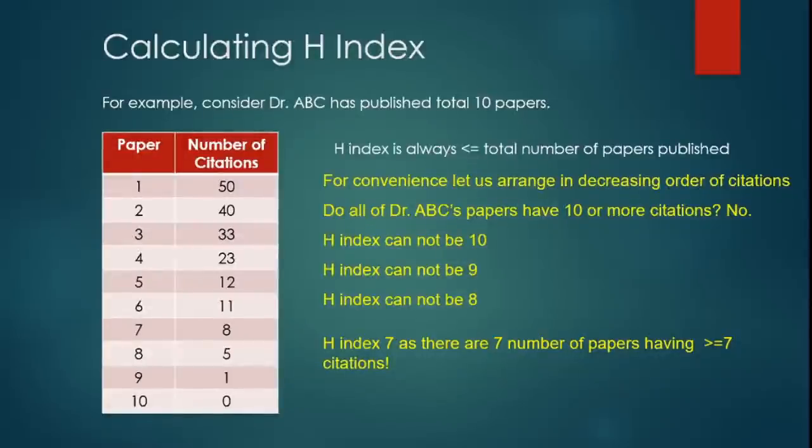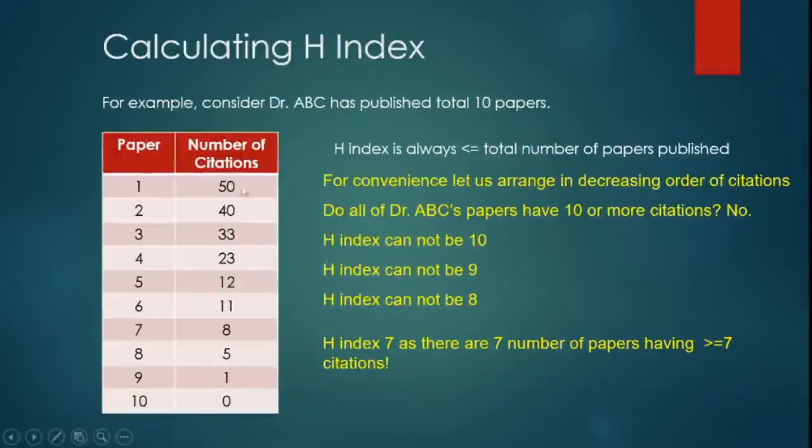One thing is clear: because of the definition, the h-index will always be less than or equal to the total number of papers published. So how was the h-index defined? The number of papers with that many citations or more.